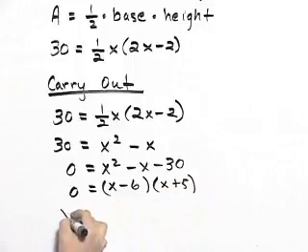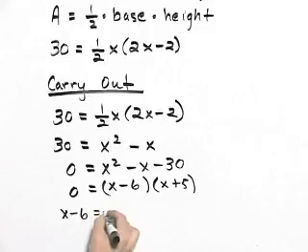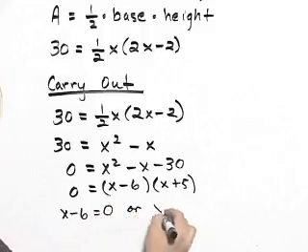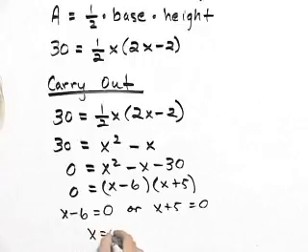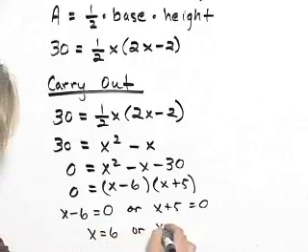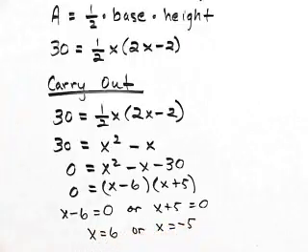We can then use the zero factor property to rewrite this as x minus 6 equals 0, or x plus 5 equals 0. Solving these, we have x equal to 6, or x equal to -5.